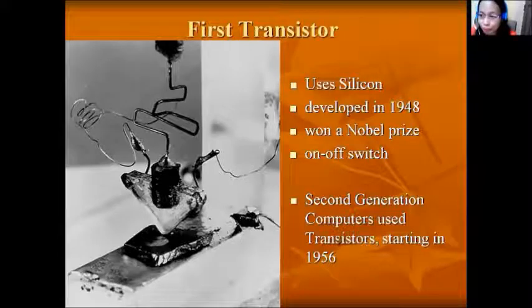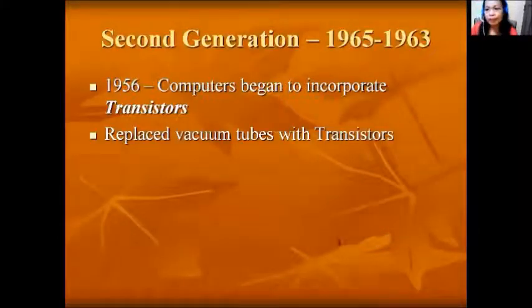So from vacuum tubes, they use the transistors. Next, second generation, 1956 to 1963, computers began to incorporate transistors. They replaced the vacuum tubes with transistors.